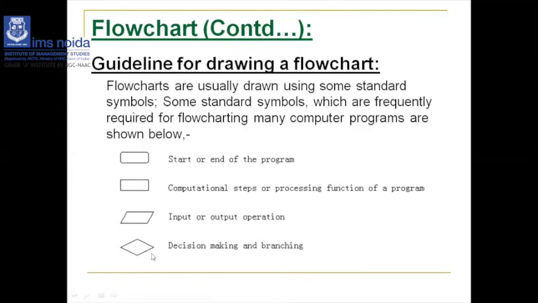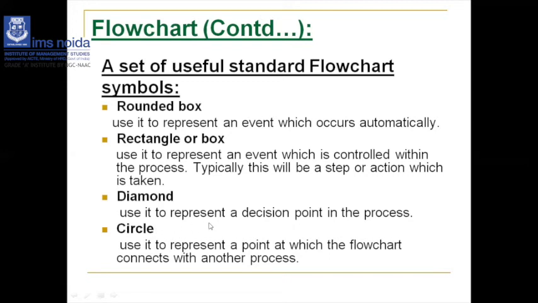It means we have to check whether the condition is true or false. A circle is used to represent a point at which the flowchart connects with another process, right?